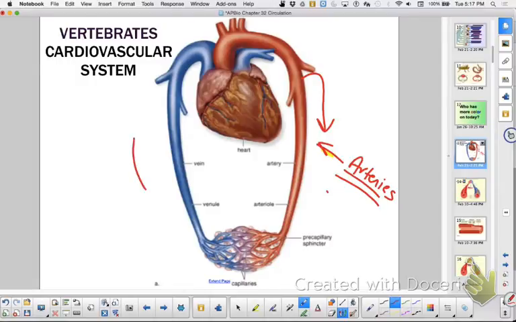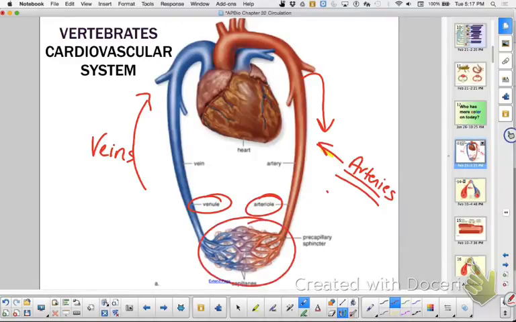And veins always go towards a heart. Little teeny tiny arteries are called arterioles. Little teeny tiny veins are called venules. At the junction where an arteriole meets a venule, that's where you have capillaries. And it's at the capillary level, for an organism like us with a closed circulatory system, where all exchange takes place. And the reason is capillaries are one cell thick.